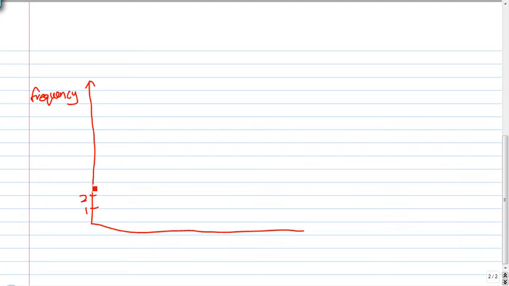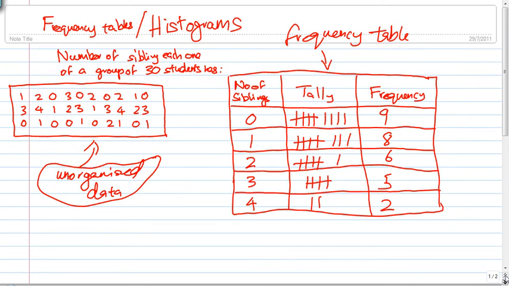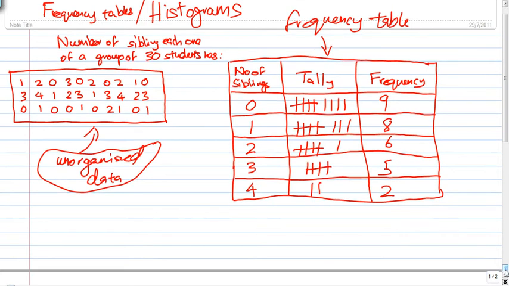1, 2, 3, 4, 5, 6, 7, 8, 9. And the horizontal axis will show you the number of siblings.